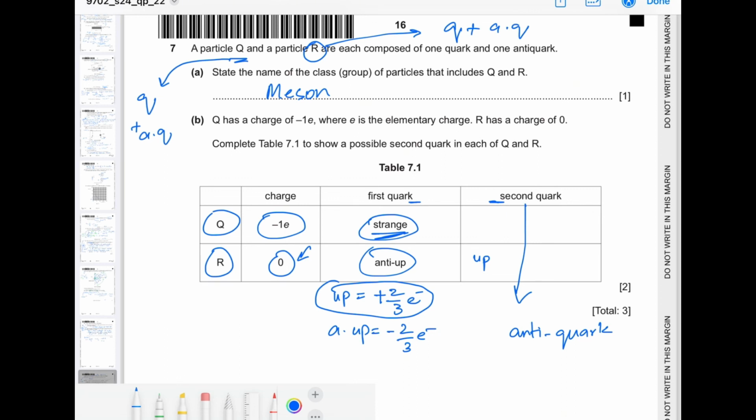What is the charge of a strange quark? That is -1/3 of an elementary charge. When you add the unknown antiquark, their sum must be equal to -1 of an elementary charge. This means X must be equal to -2/3 of an elementary charge.